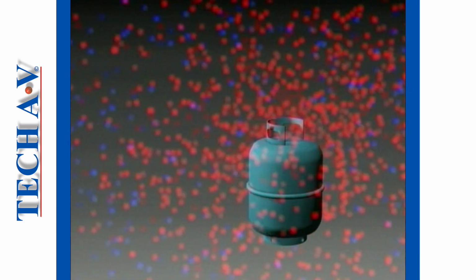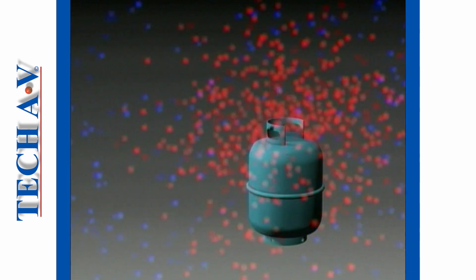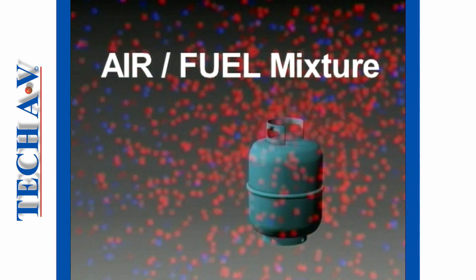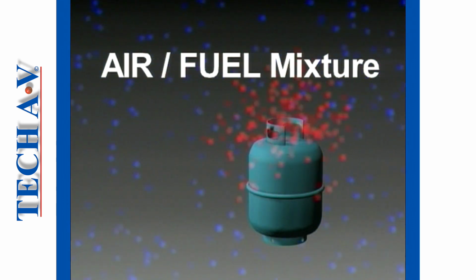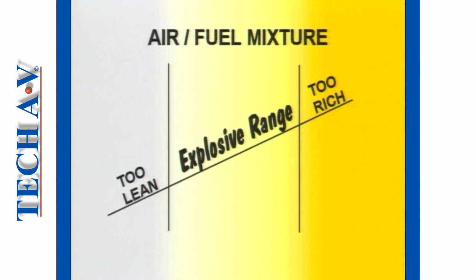These particles float around and combine with the molecules and atoms of other gases that constitute an atmosphere, resulting in what is called an air-to-fuel mixture. An air-fuel mixture becomes flammable or explosive when the ratio of oxygen atoms and fuel particles falls into the explosive range. Let us explain.